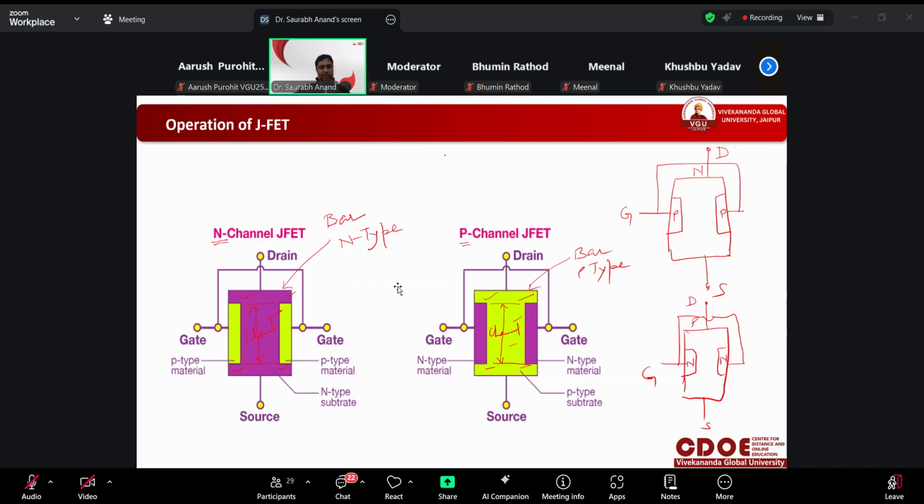Whatever there was emitter, base, and collector in BJT, in JFET the emitter becomes source, the base becomes gate, and the collector becomes drain.